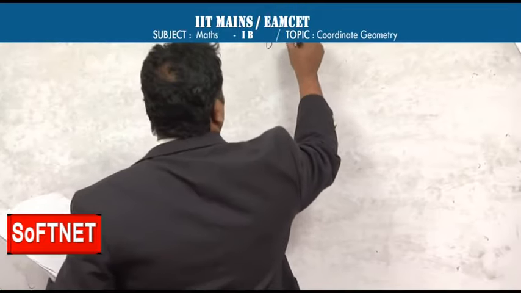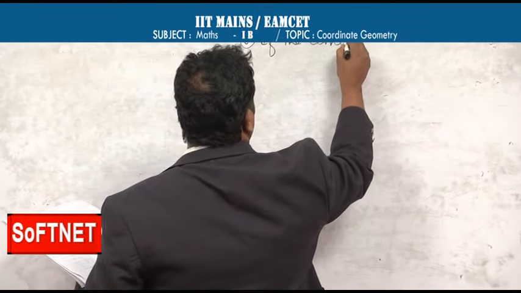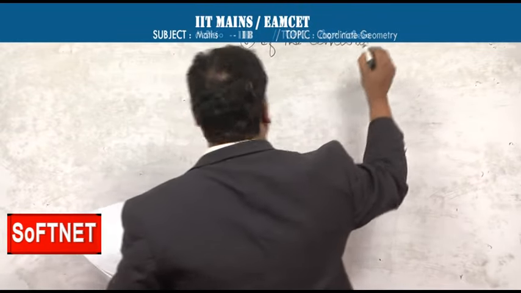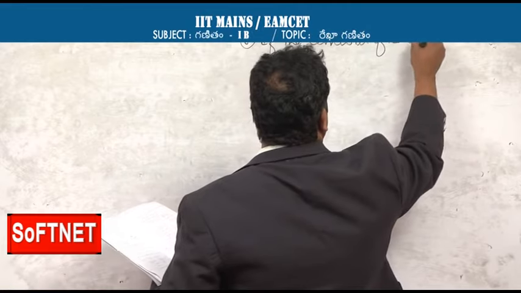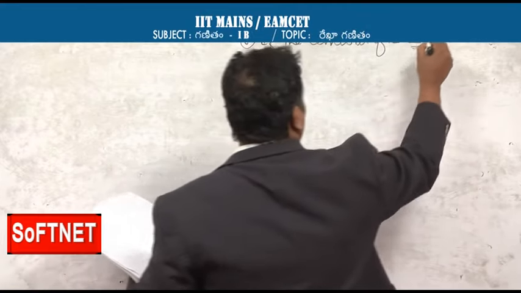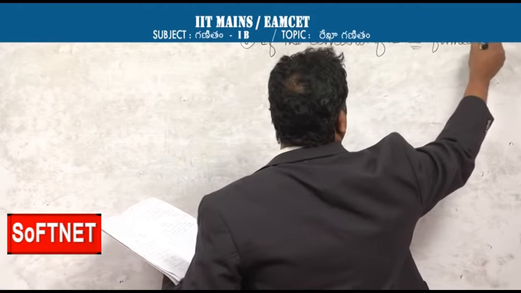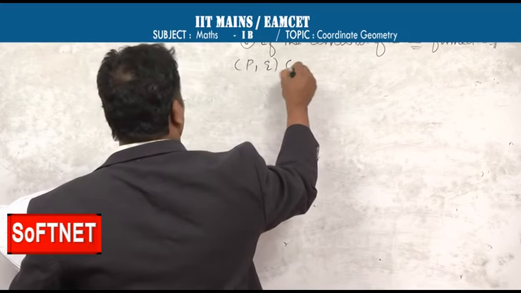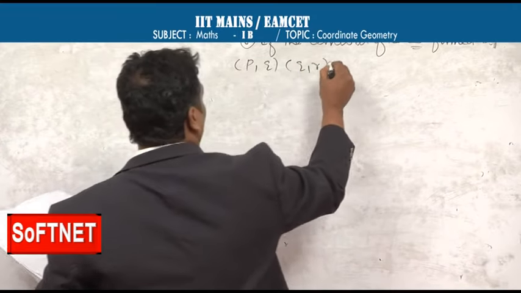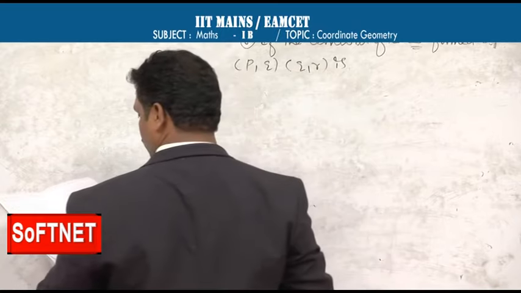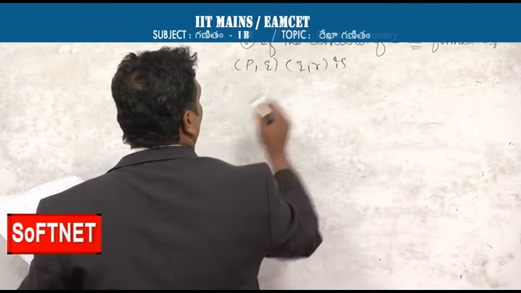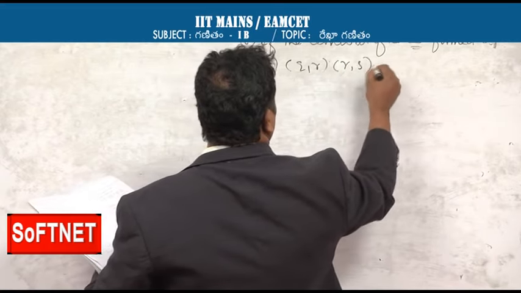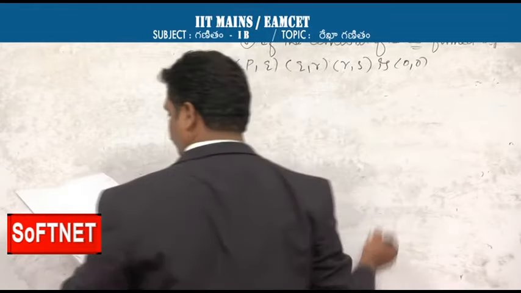The centroid of the triangle. The centroid of the triangle formed by P comma Q, Q comma R, R comma S is 0 comma 0.